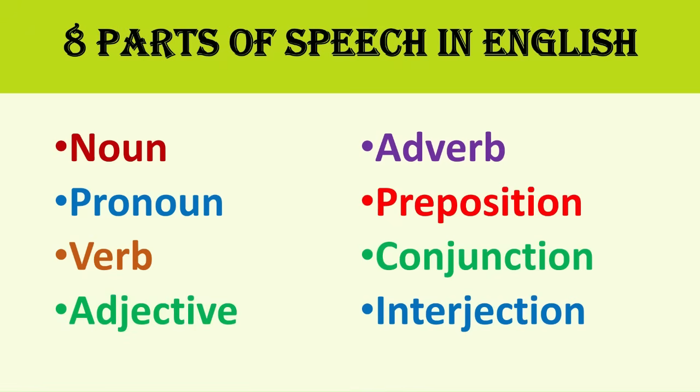Then we come to interjection, which is very rare. It is an expression of an emotion. Surprise by saying, oh, admiration, saying, wow, or amazement. Then you have sorrow by saying, alas.